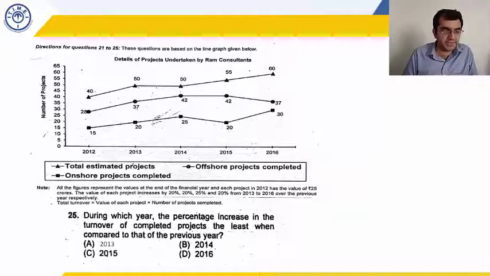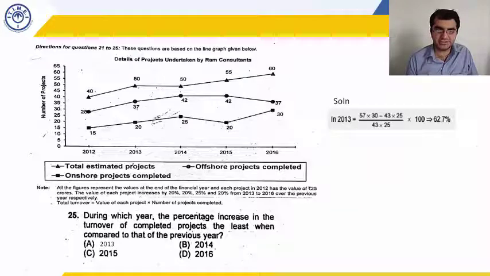Okay, let's solve. So what do we have to do basically? You have to compare turnover of consecutive years and check the percentage increase. So let's look at 2013. 2013, what is the completed projects? 57. And what is the cost of one project? 25 into 1.2, that's 30.